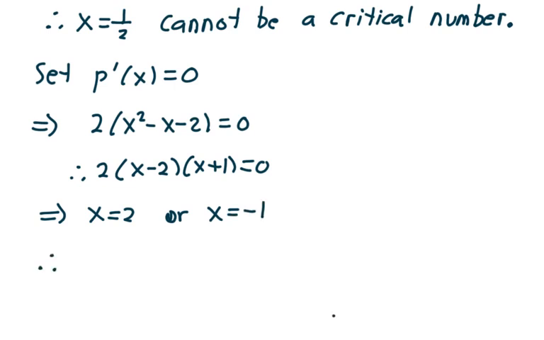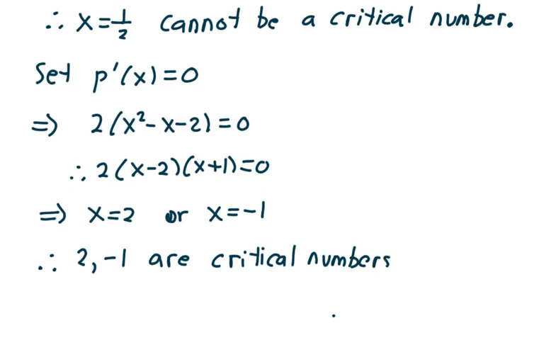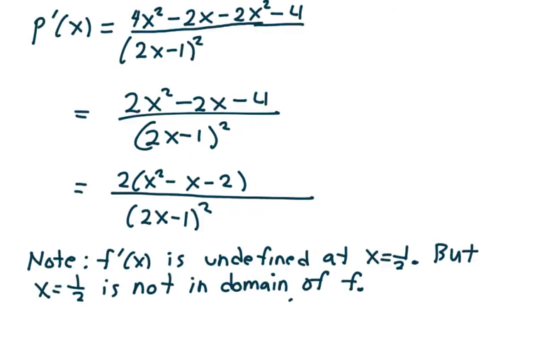And so what that says is that 2 and negative 1 are critical numbers of the function f, or in this case, function p. So let's write p. And this was example 3.